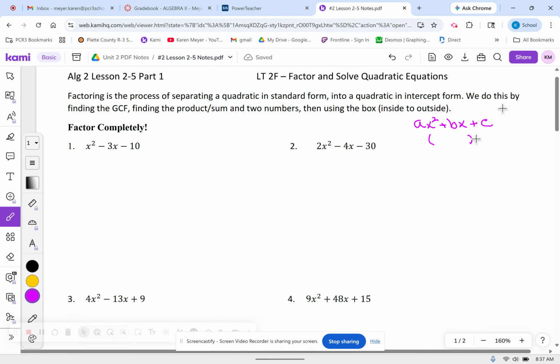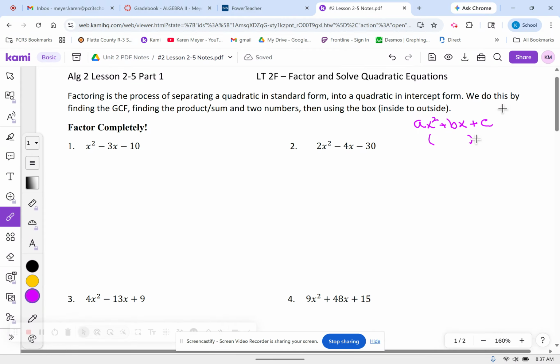And you could have a out in front if you had a GCF, but then we had x plus p and x plus q. So basically we're going from a statement that had no parentheses into a statement that would have two sets of parentheses.